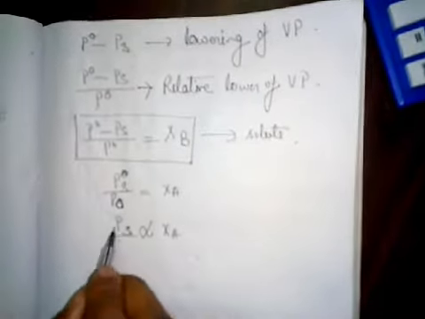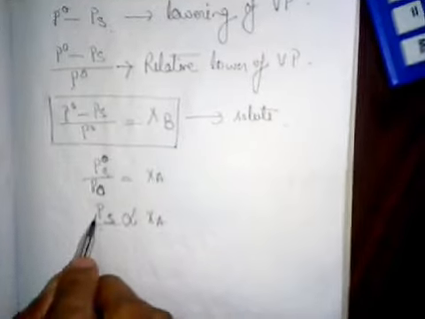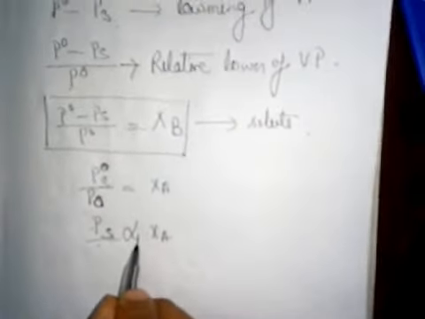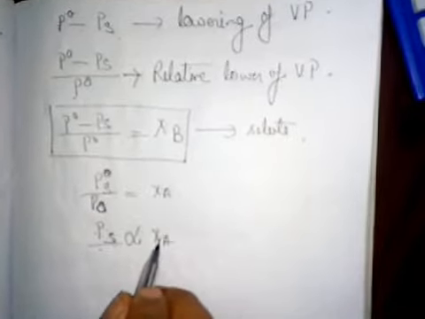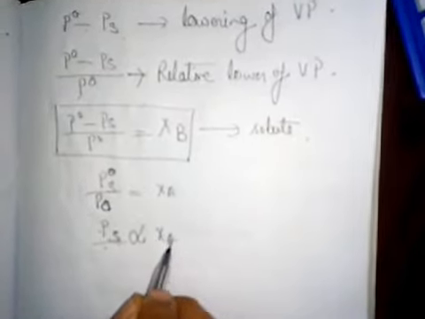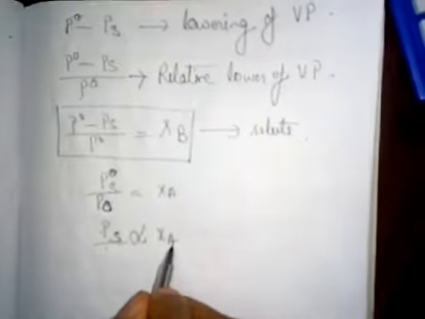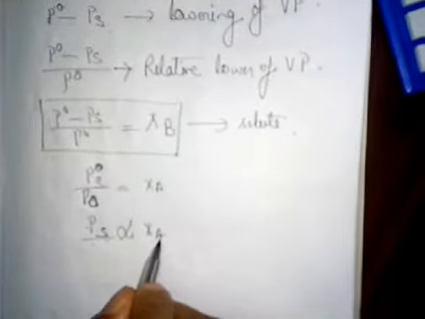That means vapor pressure of solution is directly proportional to the mole fraction of the solvent, because A is used to represent the solvent.